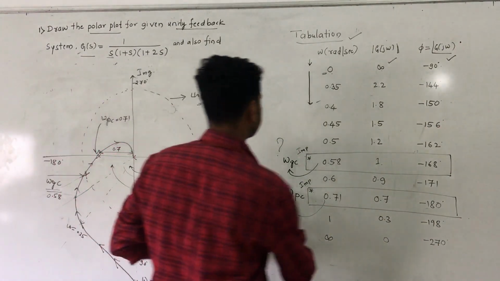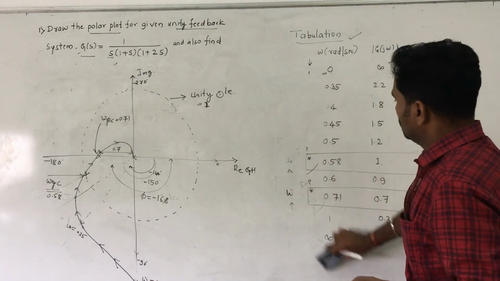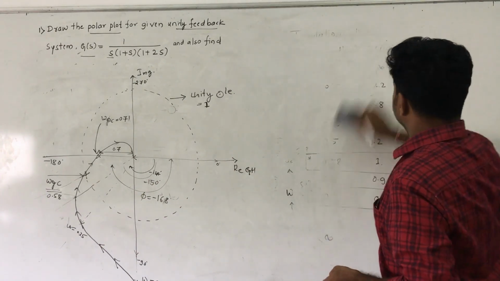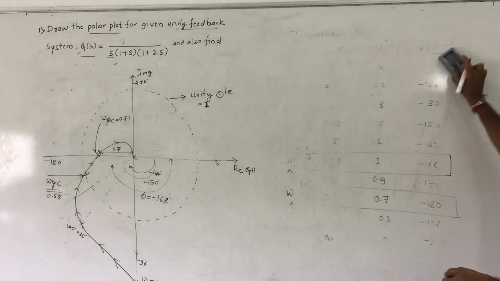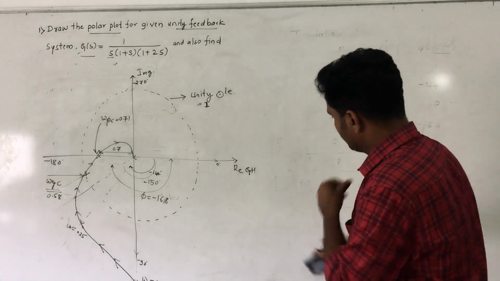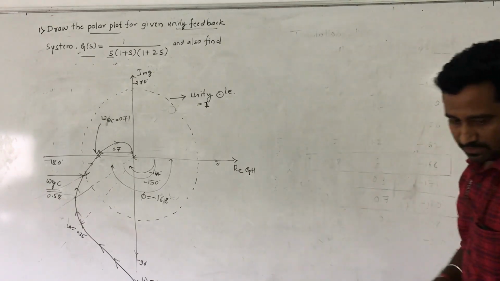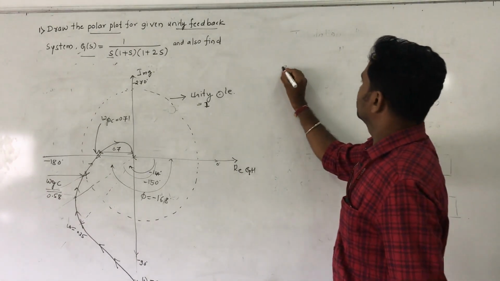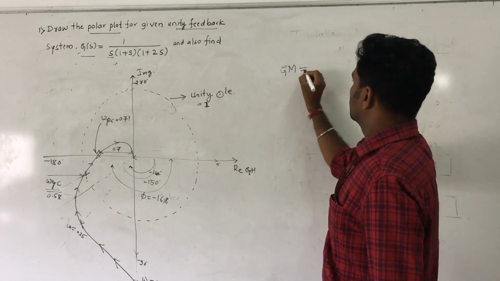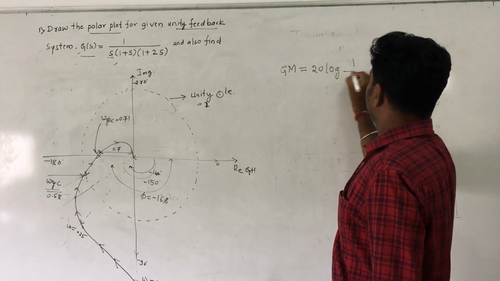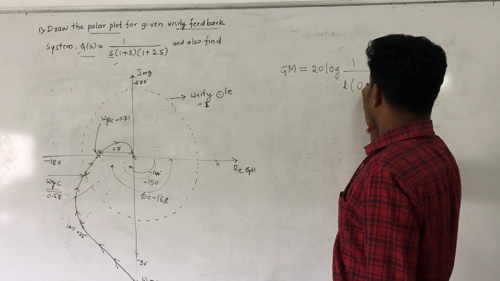Let us look at how exactly we calculate the gain margin as well as the phase margin using the graphical representation. The formula for gain margin is GM equals 20 log of 1 by the length of OQ.